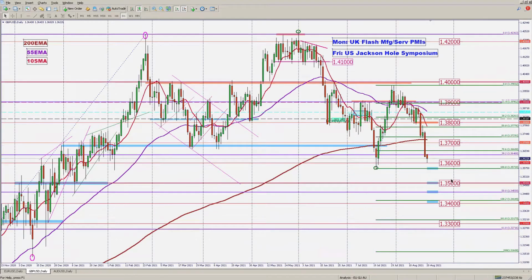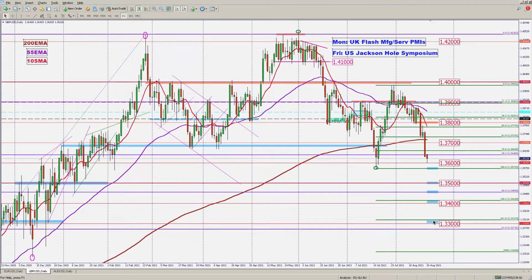Okay, so we've got these critical support zones here to watch out for. Might as well identify all these support zones.